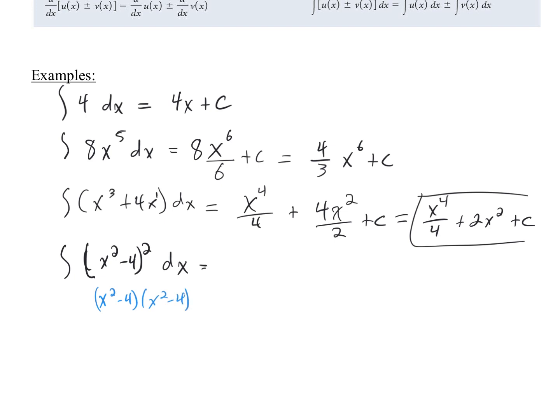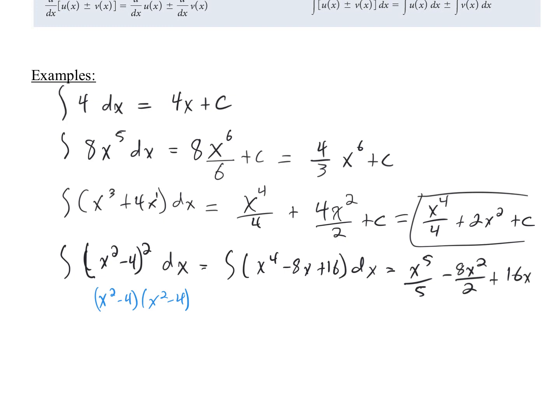What I would get is the indefinite integral of x to the 4 minus 8x squared plus 16, with respect to x. And now this is just a single function, and I can take its antiderivative no problem. So the antiderivative here is going to be x to the 5th over 5 minus 8x cubed over 3 plus 16x.